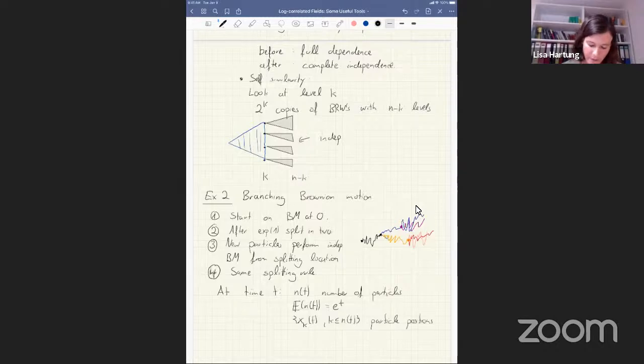If I just look at one of them, it's just the path of a Brownian motion, so each one of them is a Gaussian at time t with mean 0 and variance t. So in some sense, I have e to the t Gaussians, which all have variance t. This is very similar to the binary branching random walk, only that instead of powers of 2, now I have this number e appearing.